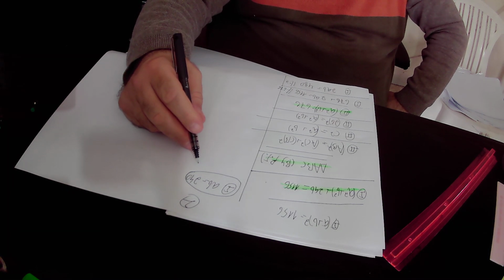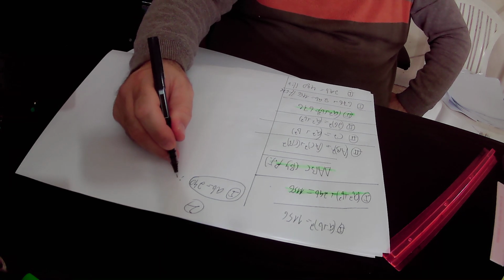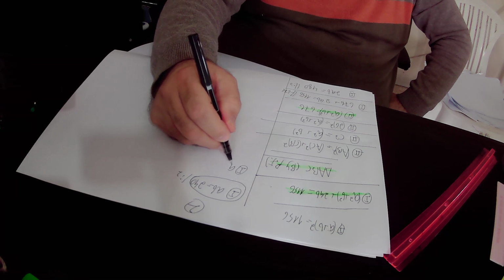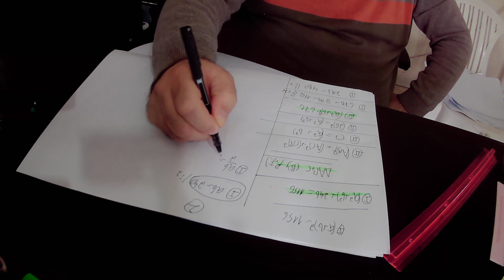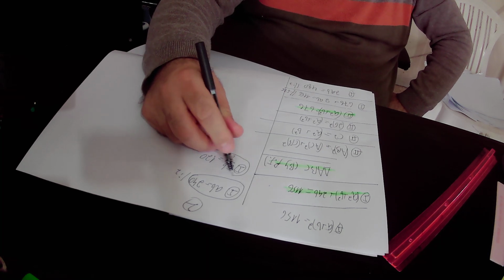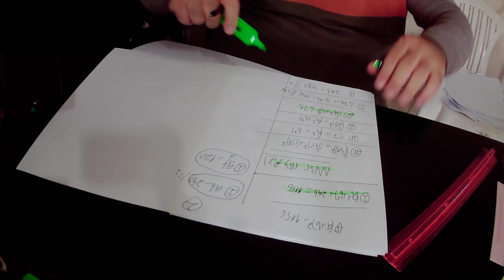Here we'll divide by 2 again, and we'll get that AB over 2 equals 120. According to equation number 1, AB over 2 equals 120.